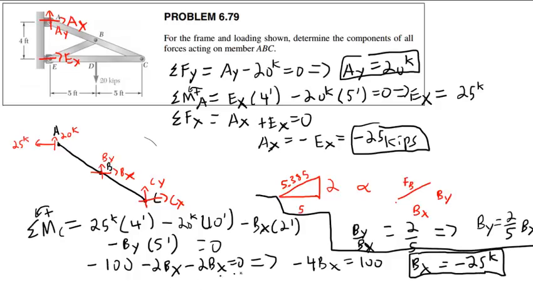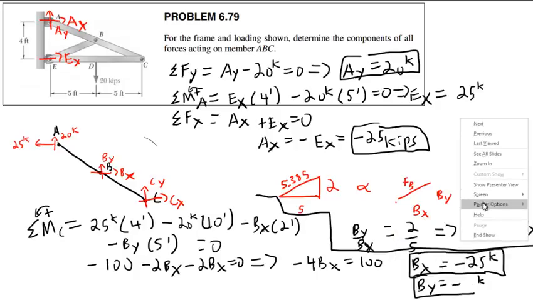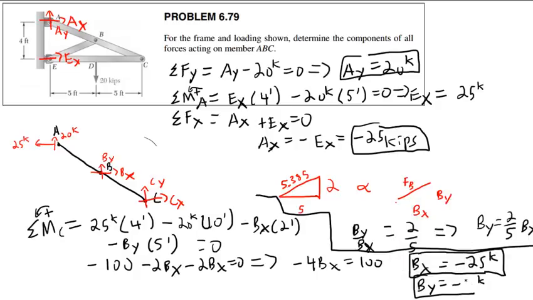And in turn, BY equals negative 20 kips. Sorry, negative 10, yes, negative 10. One of those things, 10, 20, same order of magnitude. Negative 10 kips.